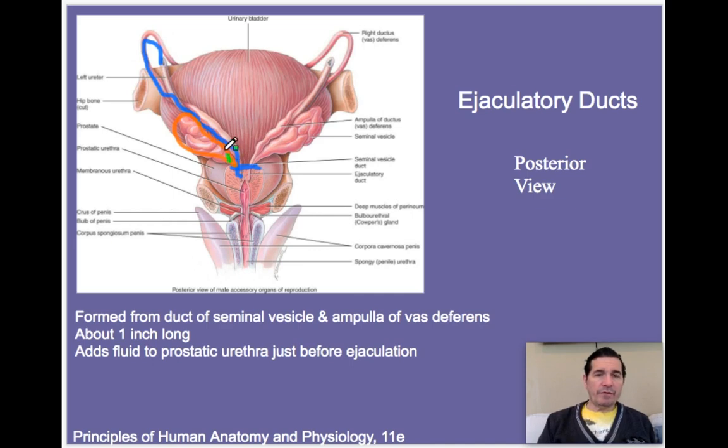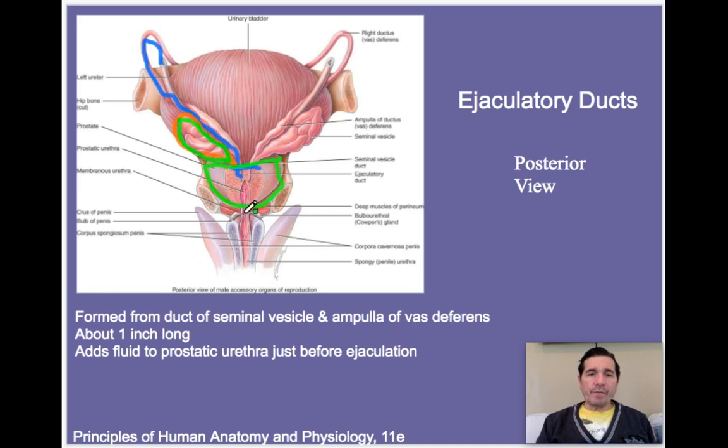Right over here, we have the seminal vesicle. Right over here, what's going through is the prostate gland. And it's hard to see, but we also have the Cowper's gland right in this vicinity.